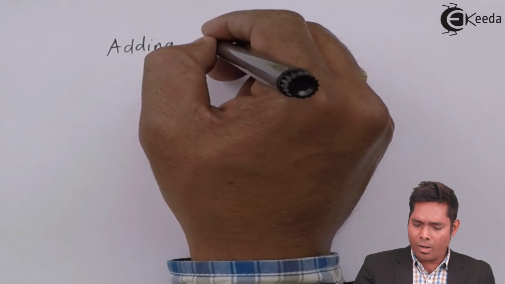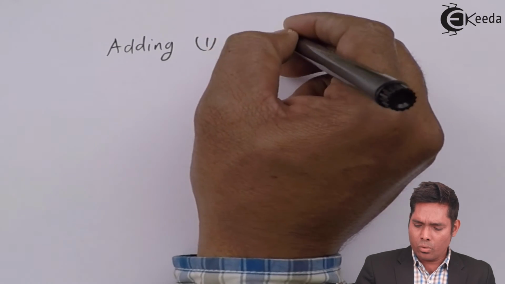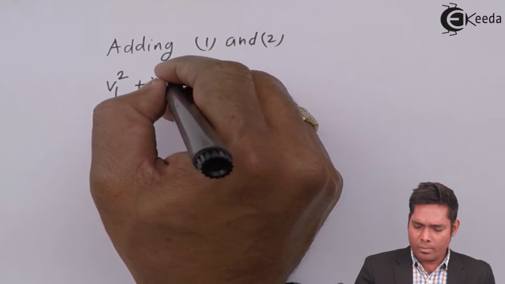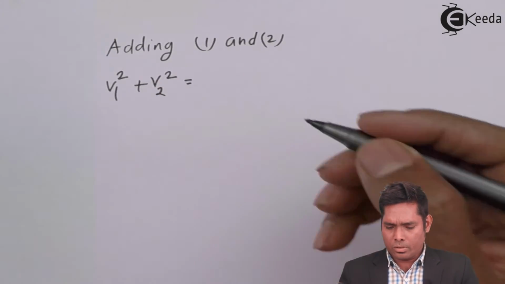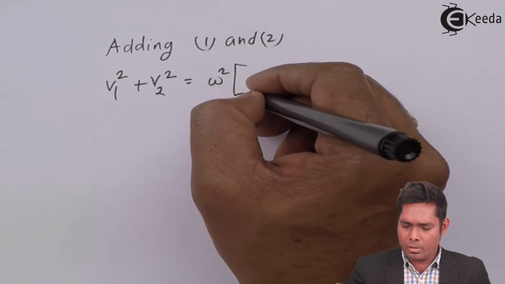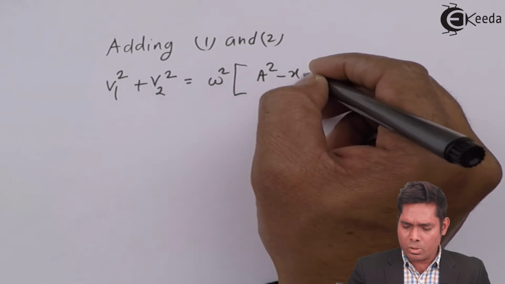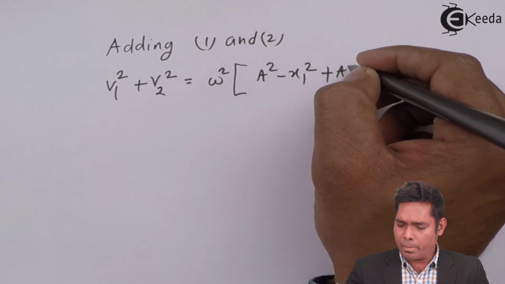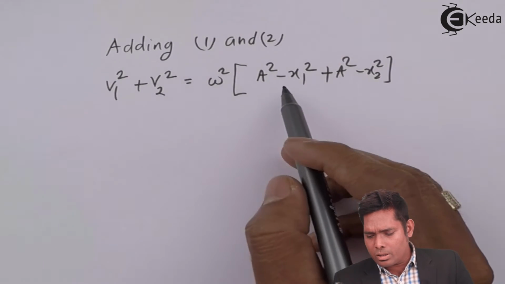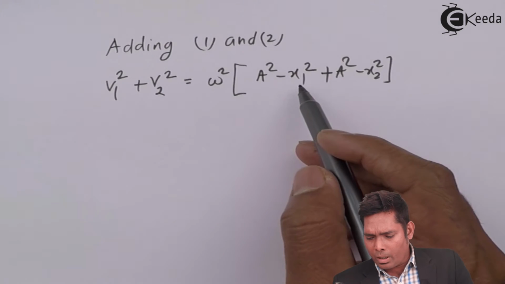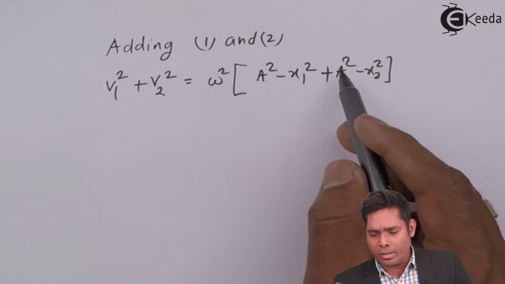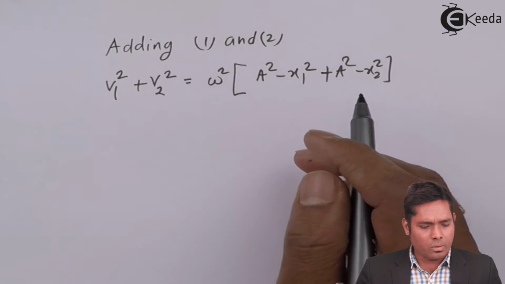Adding 1 and 2, we have v1 square plus v2 square equals omega square, being common, times a square minus x1 square plus a square minus x2 square. So the a square and a square add and do not cancel out.